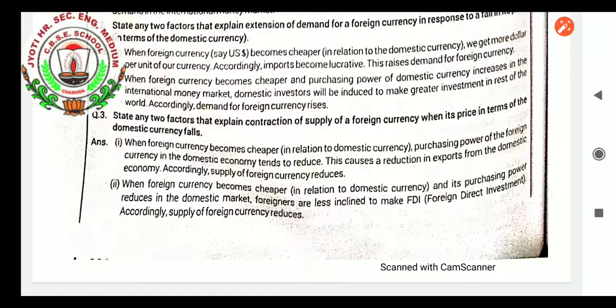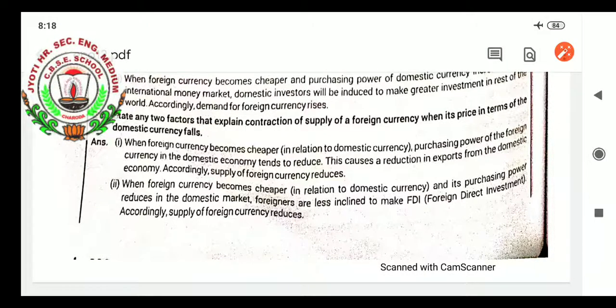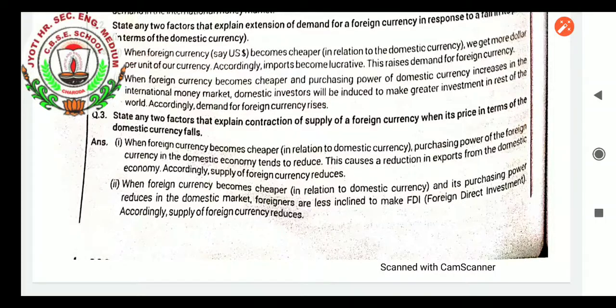Same is the situation when the foreign currency's value goes down. Definitely foreigners will stop demanding goods from the domestic country, and the export of the domestic country can get affected. And when foreign currency becomes cheaper in relation to domestic currency, purchasing power reduces in the domestic market, and foreigners are less inclined to make foreign direct investment. They will stop investing in the domestic currency, meaning in a country like India, they will stop the investment, because when good income is not there, people will stop making investments.